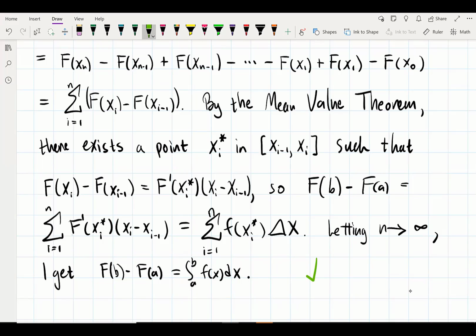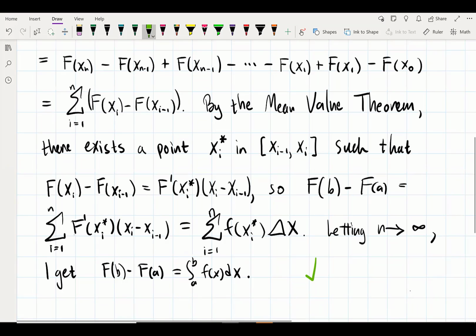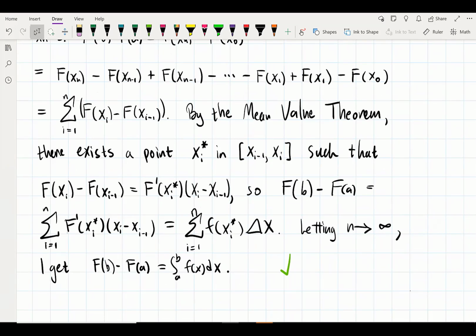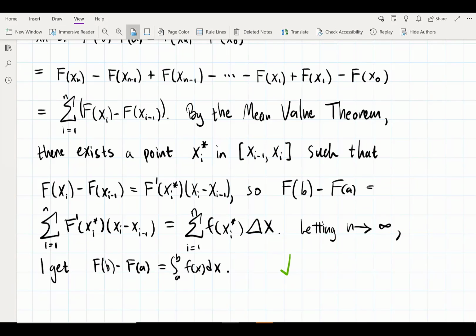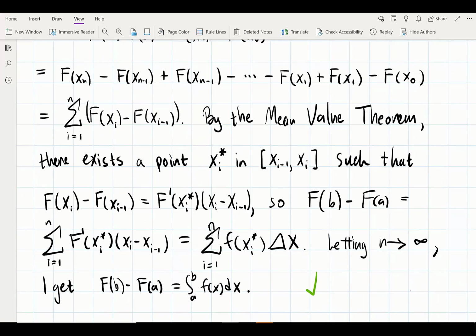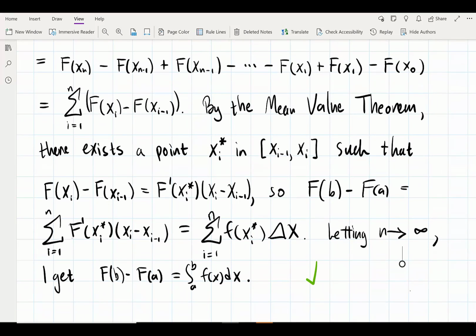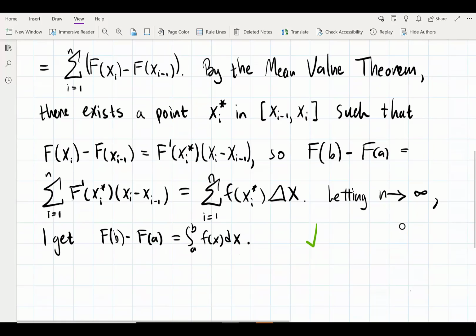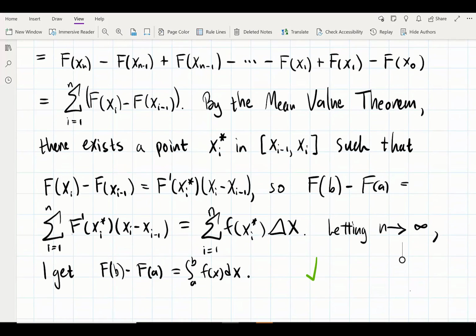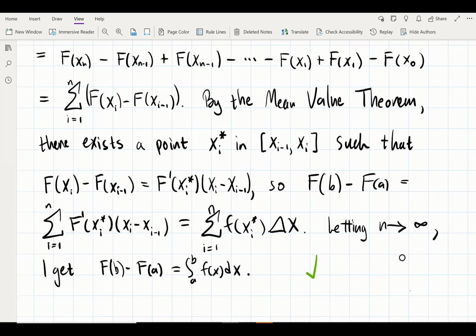Okay, so that's a little proof. Any questions on that? It's in the book, by the way. Do we have to know how to do this proof? No. Okay. I figured I should show you some proofs, though.